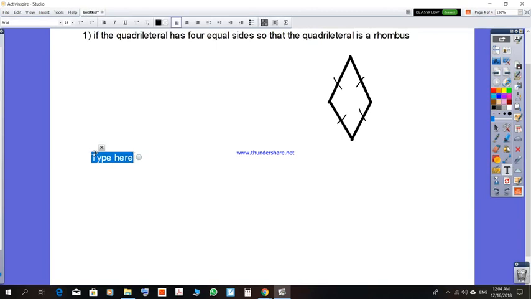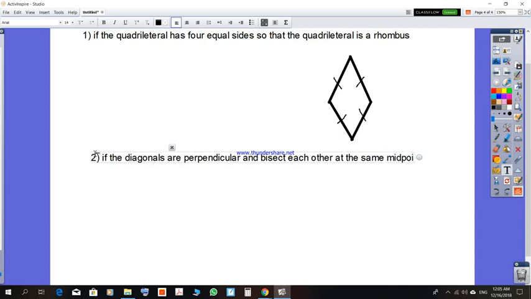Now the next rule: if the diagonals are perpendicular and bisect each other at the same midpoint, then we can say that the quadrilateral is a rhombus.